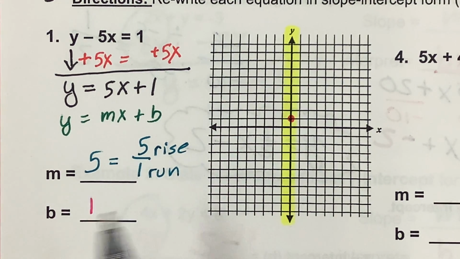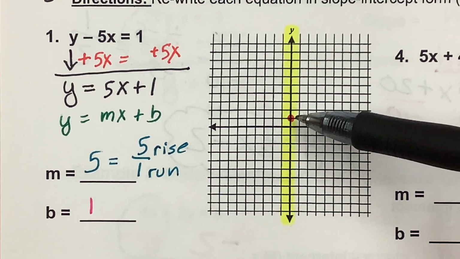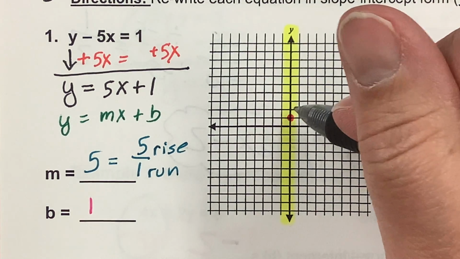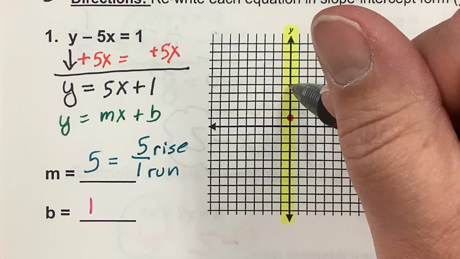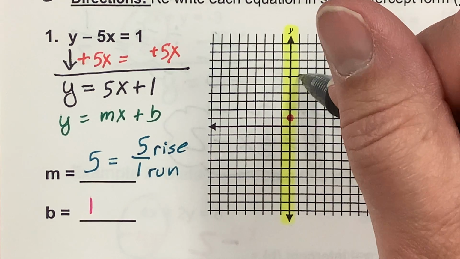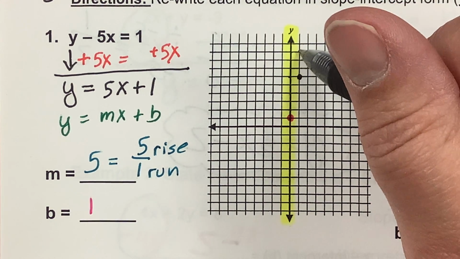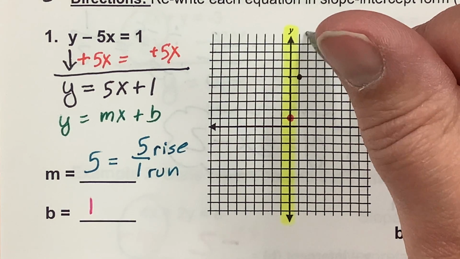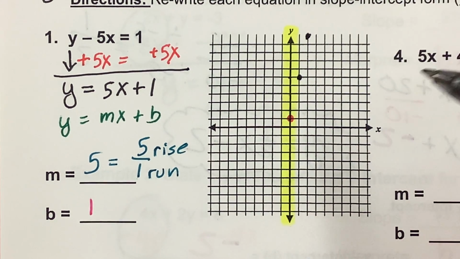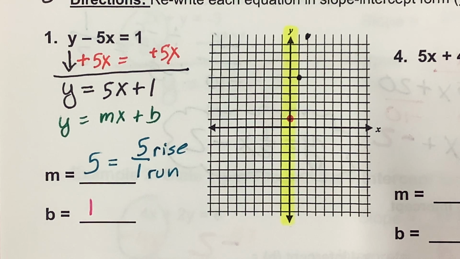Now I'm going to, from this positive 1, rise 5: 1, 2, 3, 4, 5. Run to the right 1. Rise 5: 1, 2, 3, 4. Kind of think it's going to be there, but wait a second, that's not even really on the grid.